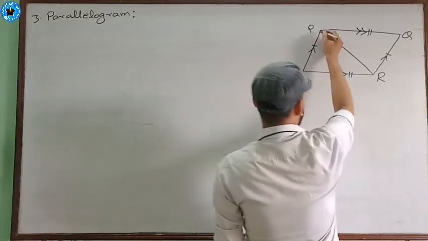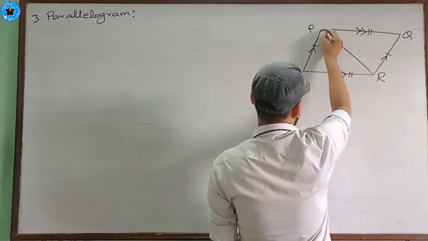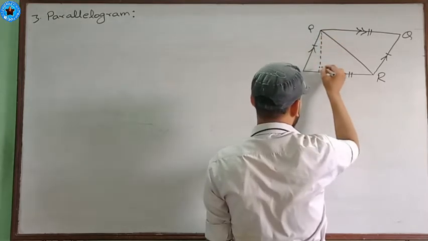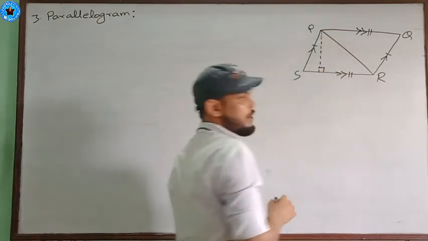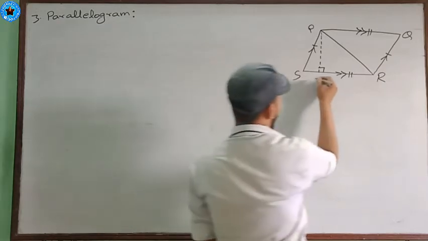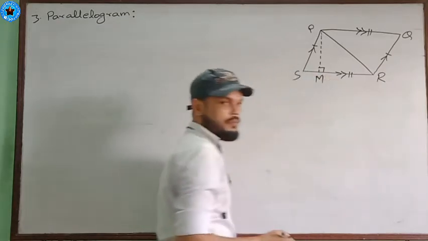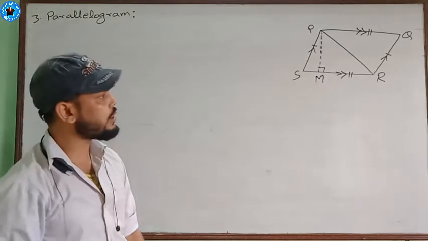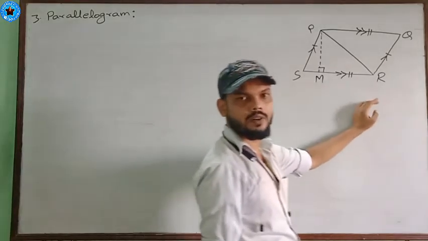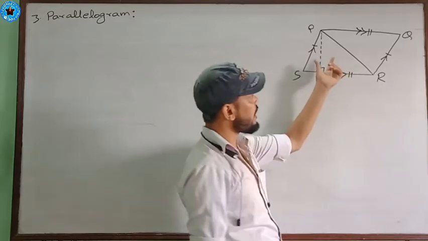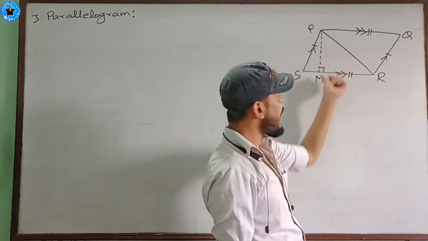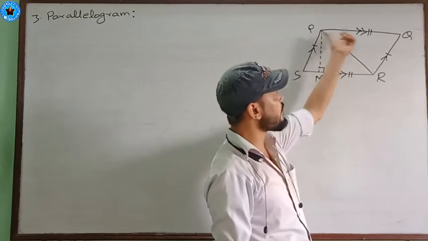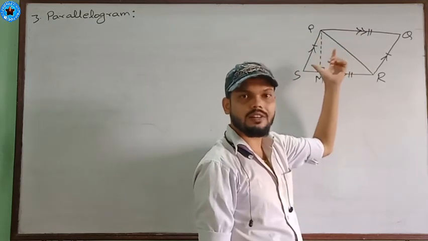Suppose that I draw a perpendicular line from the vertex P, like this, and let the foot be M. So I have drawn PM perpendicular to SR. The height of this triangle and the height of this whole figure are the same.